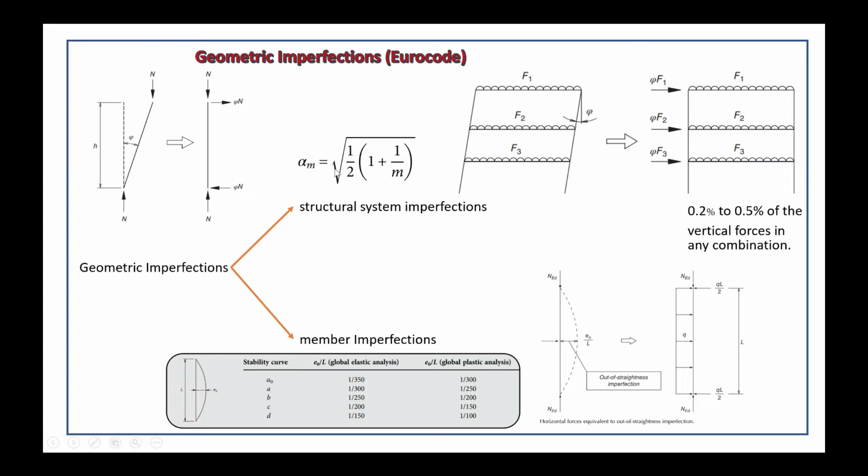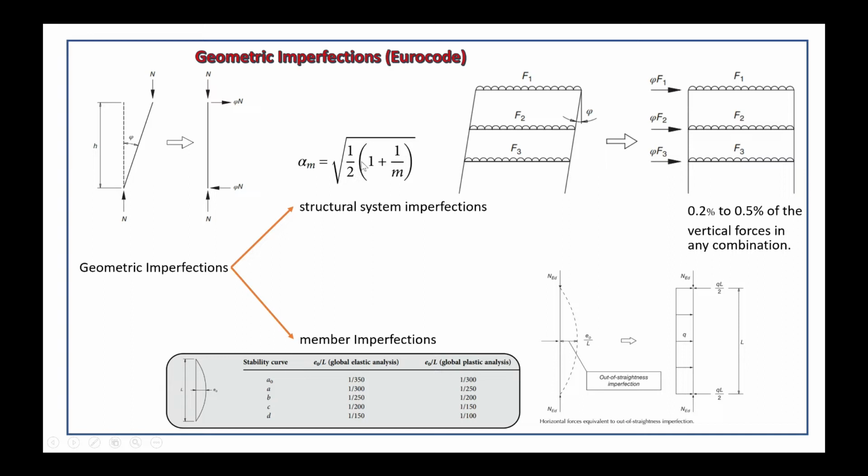For alpha m, it is equal to the square root of 0.5 multiplied by 1 plus 1 over m. M is the number of columns in the bay. Like this one is a column in bay 2, so you can replace it with 2. The formula is different according to the code.